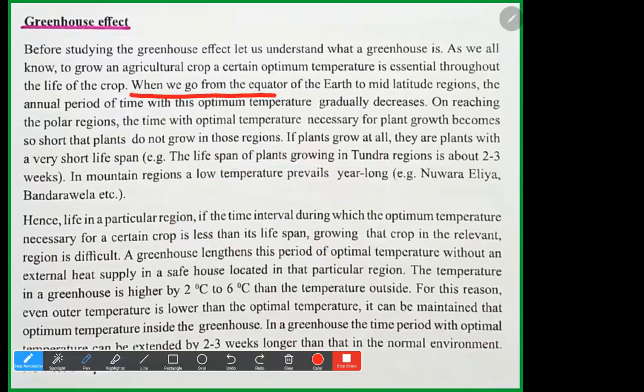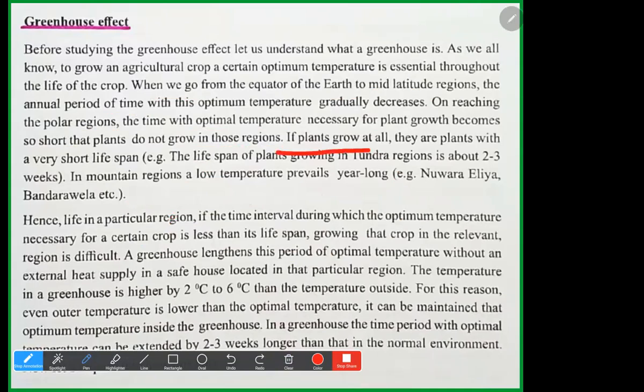When we go from the equator to mid-latitude regions, the annual period of time with this optimum temperature gradually decreases. On reaching the polar regions, the time with the optimal temperature necessary for plant growth becomes so short that plants do not grow in those areas.